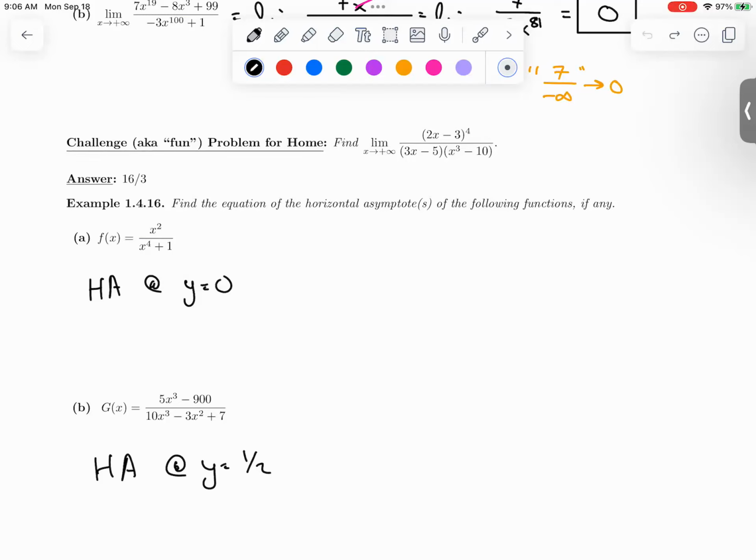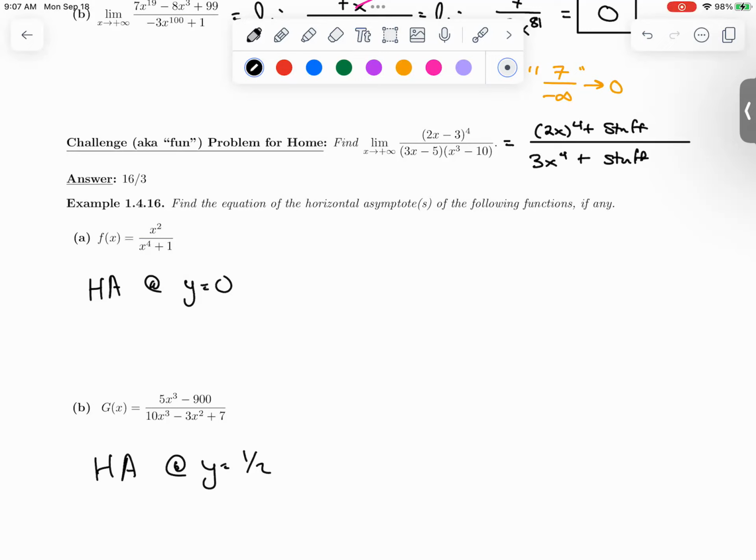So what this is going to be is 2x to the 4th plus a bunch of stuff over 3x to the 4th plus a bunch of stuff. Would you guys agree? Yes. Because when you FOIL this out, the first terms are always just going to get multiplied together.